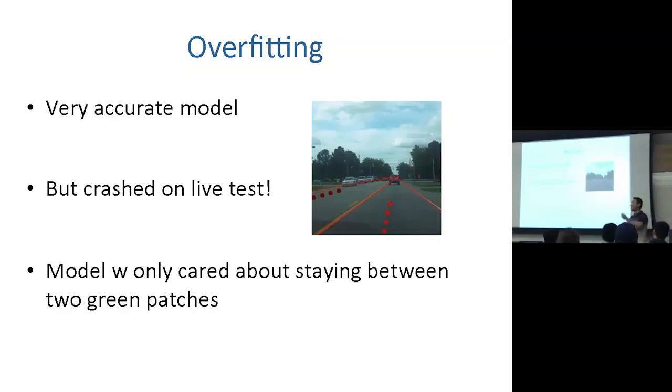Okay, so in training time, you learn a super accurate model. It seems to always be able to predict the train steering angle really, really well. So they tried it in the real world, and it crashed. Right? Why did that happen? After a while of debugging, the researchers realized that their model, W, learned to only care about staying between two green patches. Right?